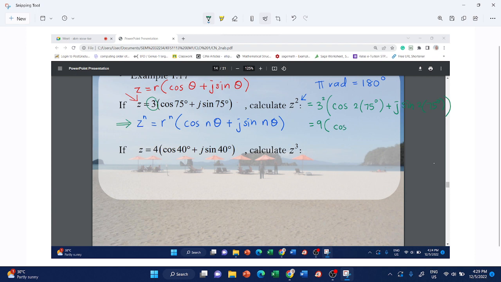Cos 150, right? Am I right? Yes, madam. Then we go to sin 150. Then use your calculator.